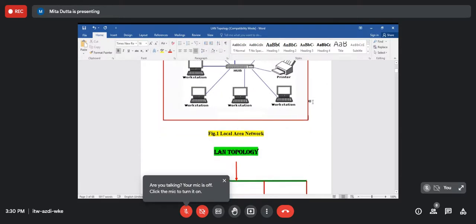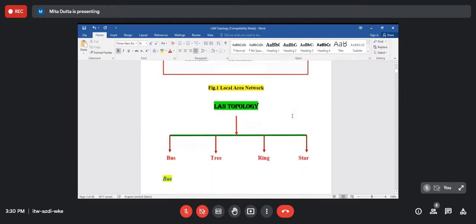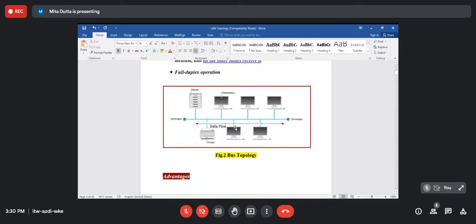Now, how are we going to connect the server and workstations in a network? The topology, in the case of a local area network, is divided into 4 categories: bus, tree, ring, and star. Here, this is the bus topology.